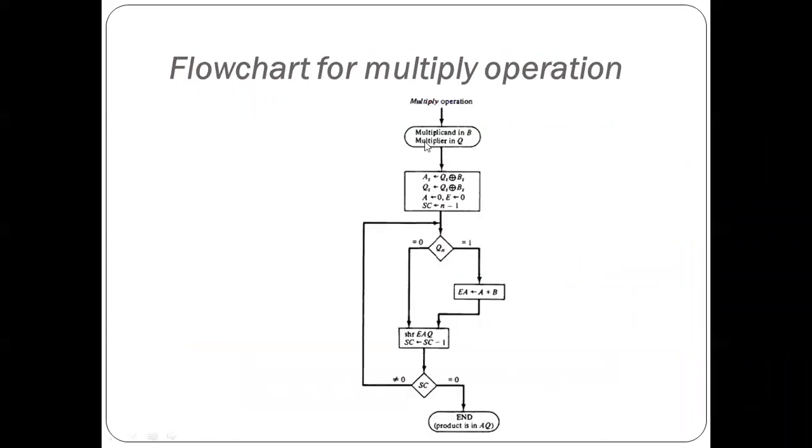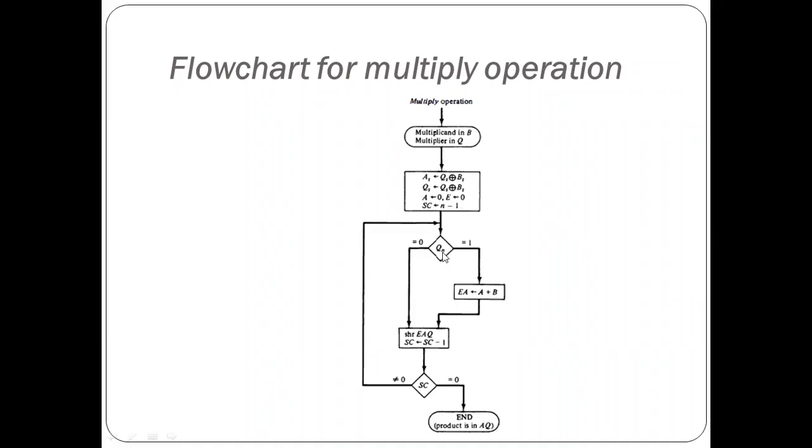Multiplicand is in B, multiplier is in Q. A initially will be 0, and the sequence counter is equal to n minus 1, because the Q register holds only the magnitude portion. We'll be having one more extra bit that holds the sign component. So for an n bit number, the magnitude portion is only n minus 1. That's why the sequence counter is n minus 1.